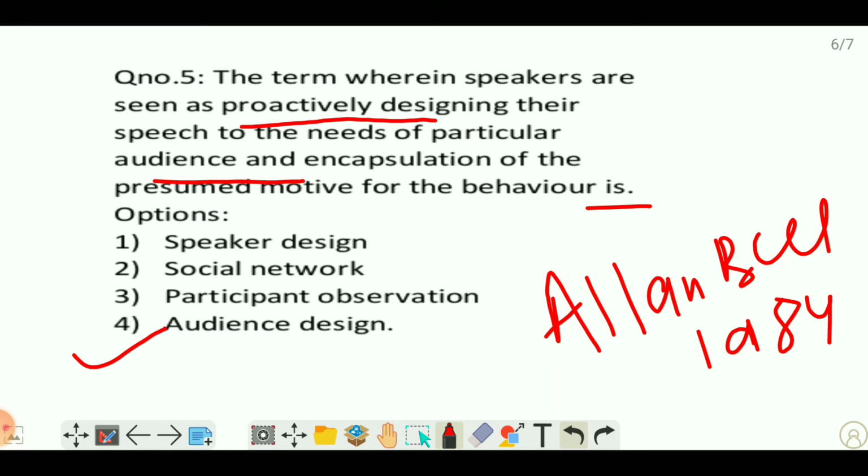Audience design means that the speaker designs his or her speech as per the audience he is speaking to. I mean, the age group and the socio-educational and economic background of the audience are taken into consideration by the speaker at the time of delivering the speech. So, the correct option is option number 4.